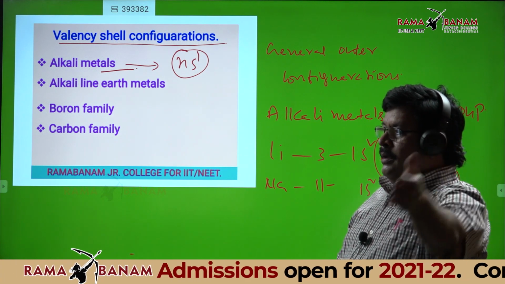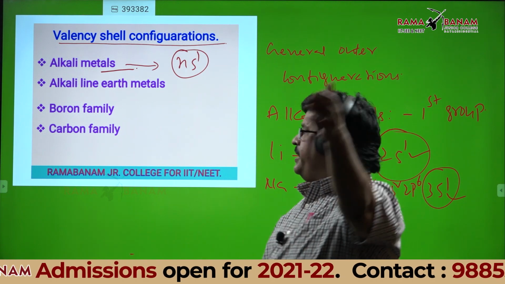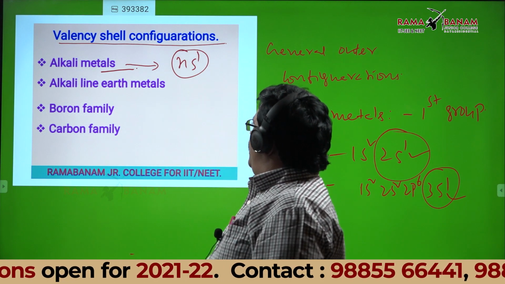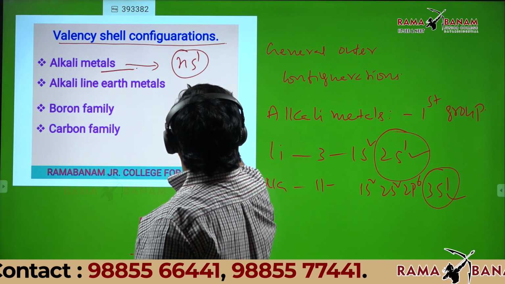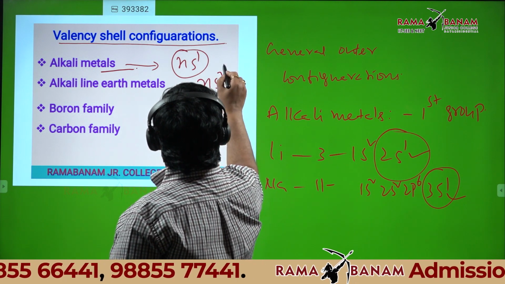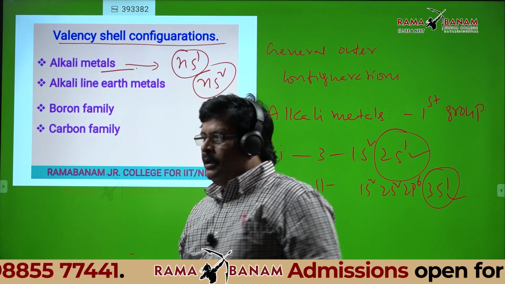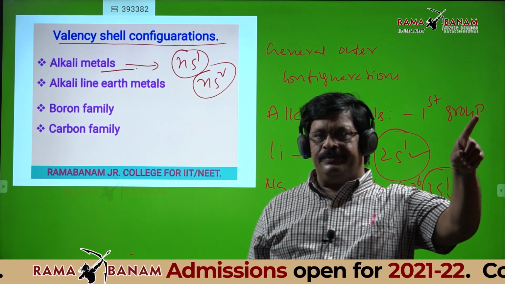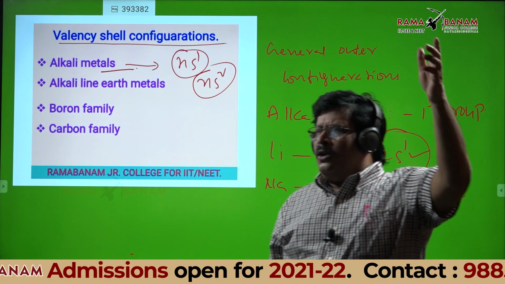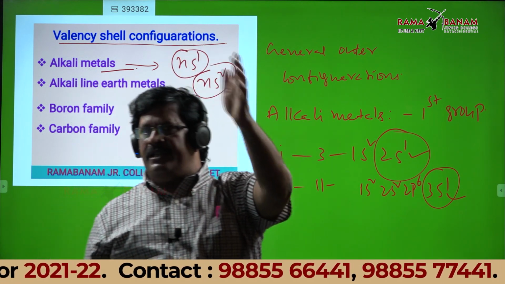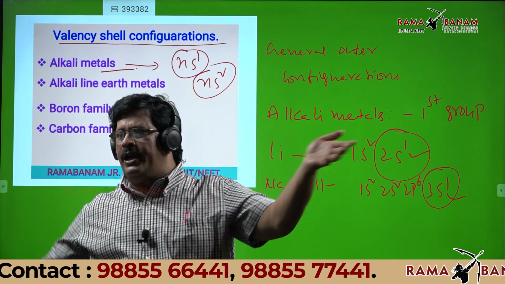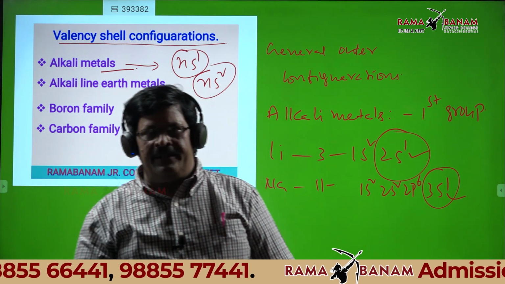Students, can anyone tell what is the outer electronic configuration? ns2 is right. Any doubt in this? No. If you can write the outer configuration of the first element in that particular group, you can generalize that. That is the only thing.